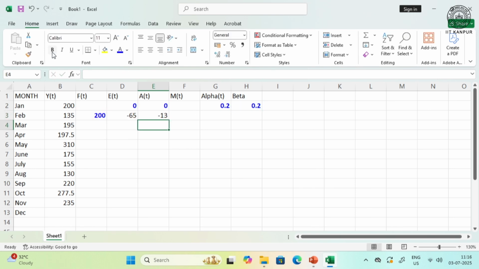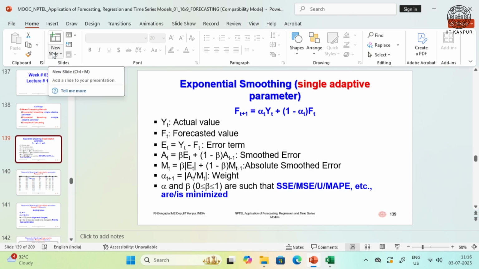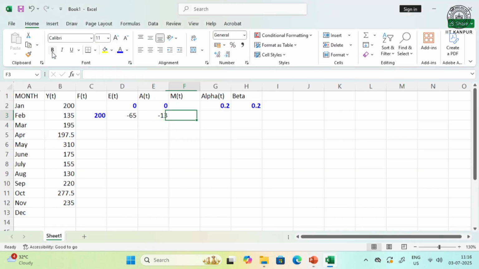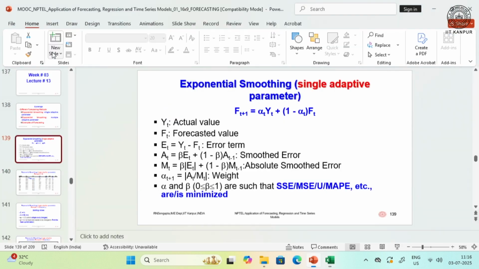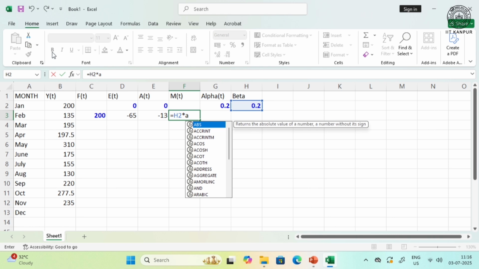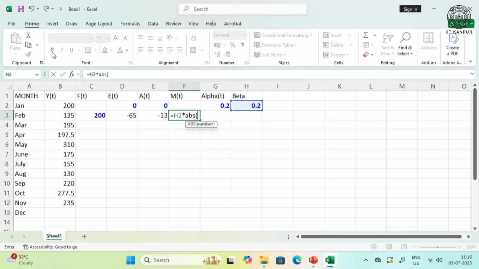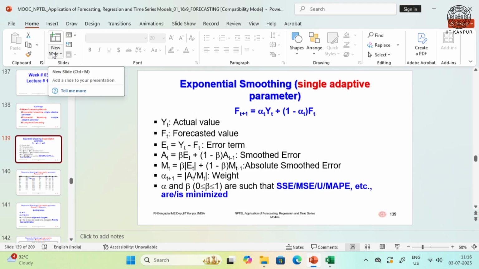Done. Now once at is done, mt has to be found out. Mt would be equal to beta into the absolute value of et, plus 1 minus beta multiplied by mt minus 1.